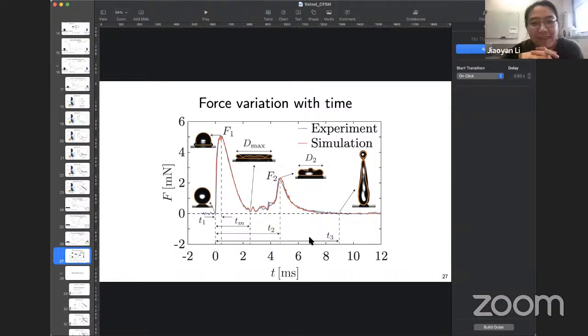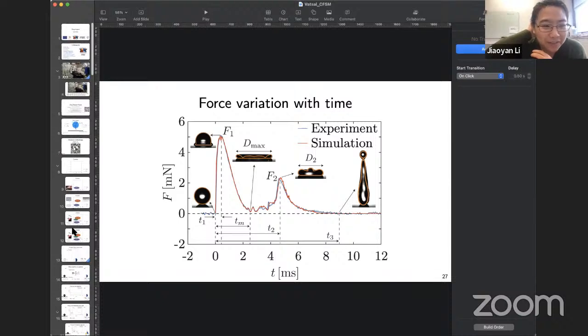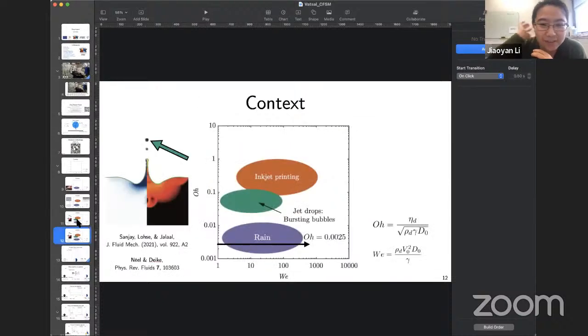Okay, yeah. I see. Thank you very much for the further explanation. My second question is about the fluid inside of the droplet. You mentioned the fluid that you are studying right now lies between water and some kind of inkjetting fluid, right? So if you can go back to the very beginning, somewhere, yes, here.